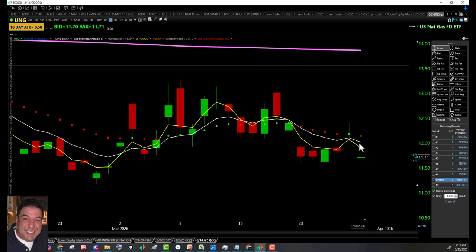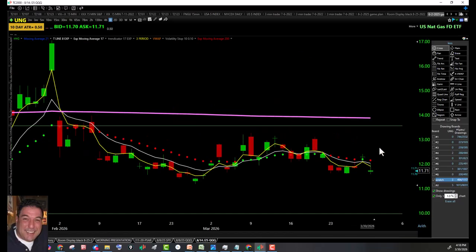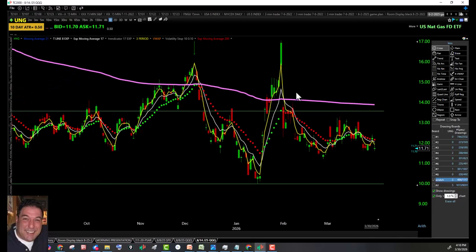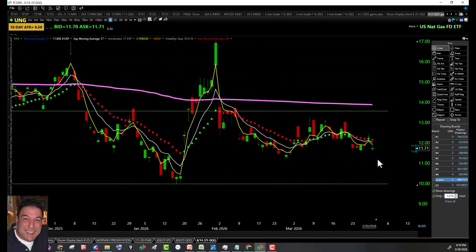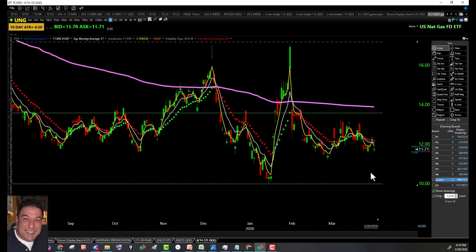So price lower high, lower low, closing under a bearish trap, under the flat 17. That's these dots right here. This is underneath a 12-month high anchored VWAP, not a very big bar that we set for UNG, okay? See, 12-month high. We're all the way down here in quadrant 1, so we're bearish, okay?